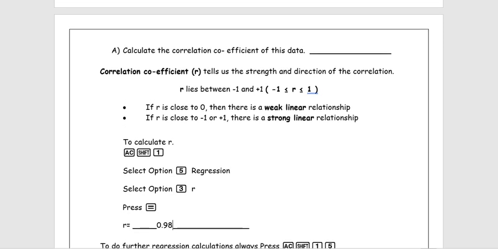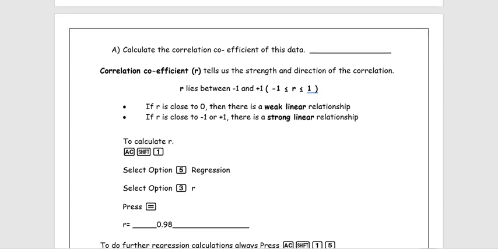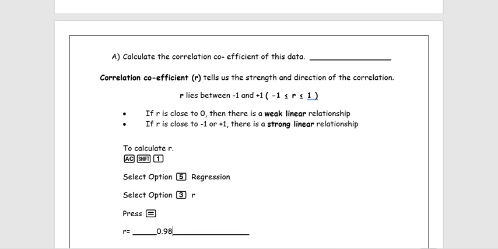Okay, what does this mean to me? Often after calculating your correlation coefficient, they're going to say to us, now tell me or explain the relationship or the correlation between my data. So they are asking, is it going to be weak or is it going to be strong? Is it going to be positive or is it going to be negative? So if we have a look, we have got 0.98 as an answer.